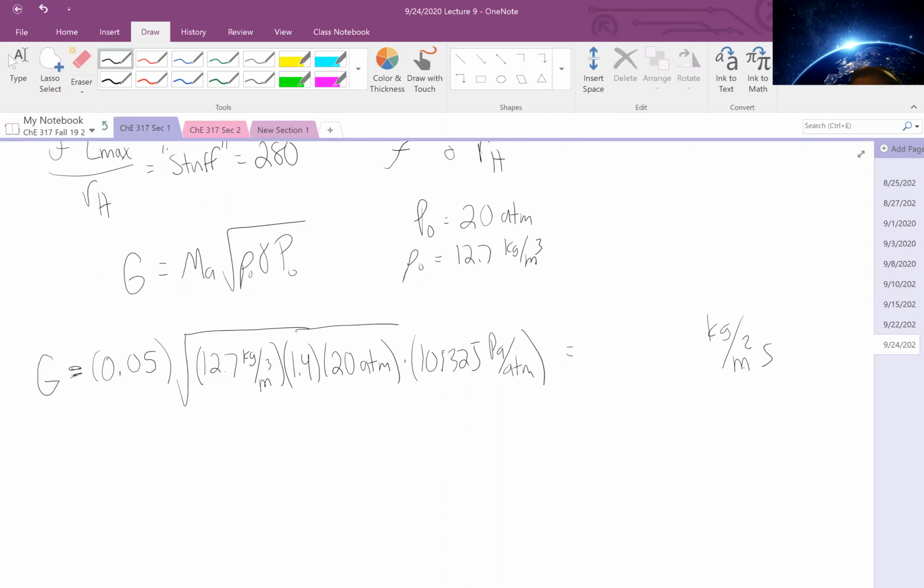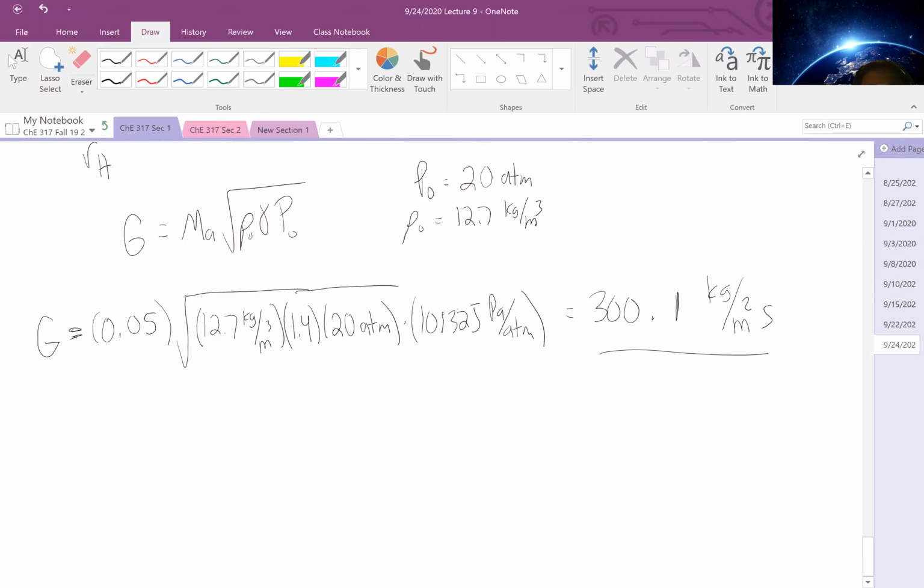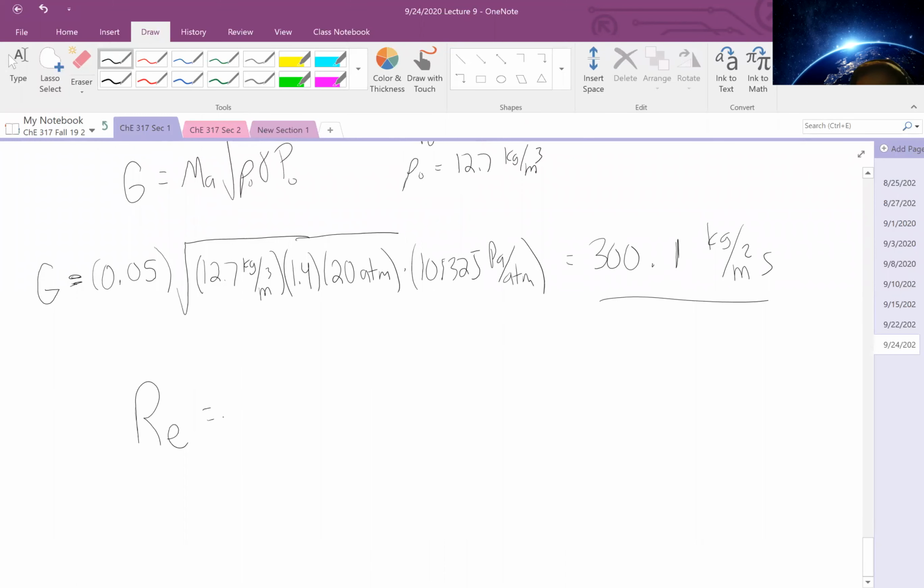I end up with approximately 300.1 kilograms per meter squared per second. And so we could solve for our Reynolds number by GD over mu. Mu wasn't provided, so I'm just going to make one up. We'll say it's a 6-inch pipe, or about 0.152 meters.